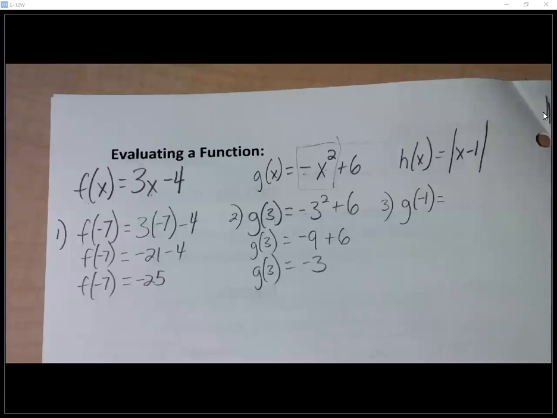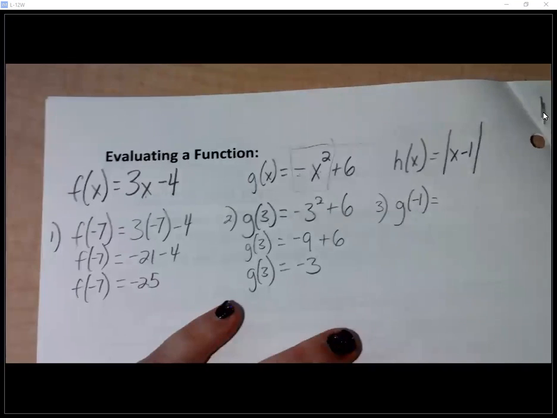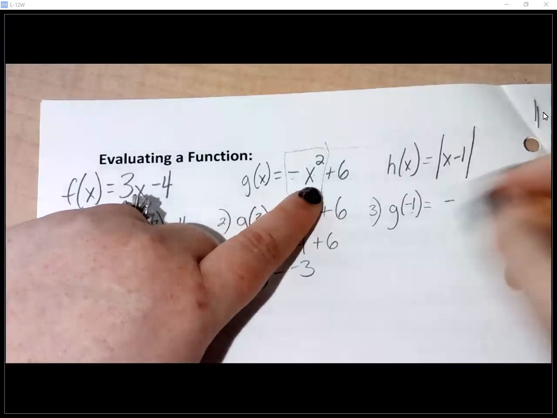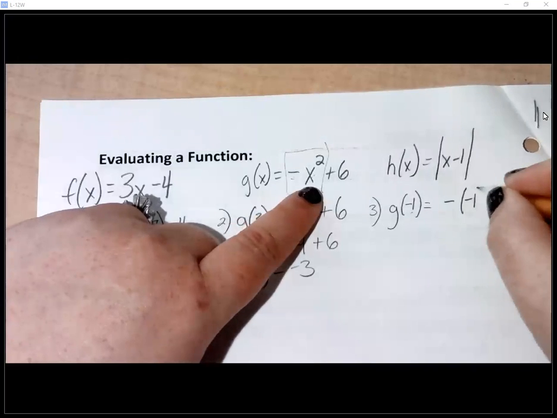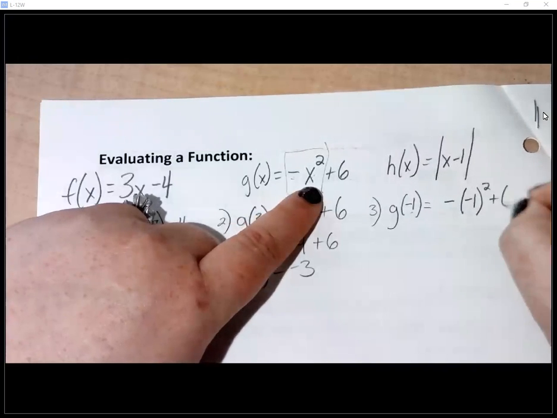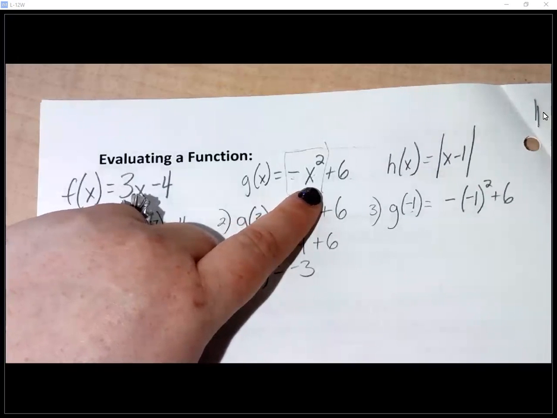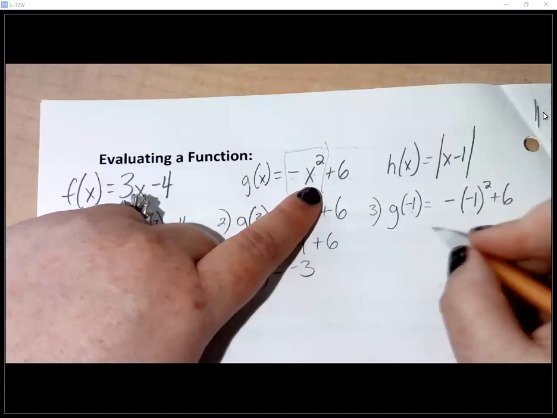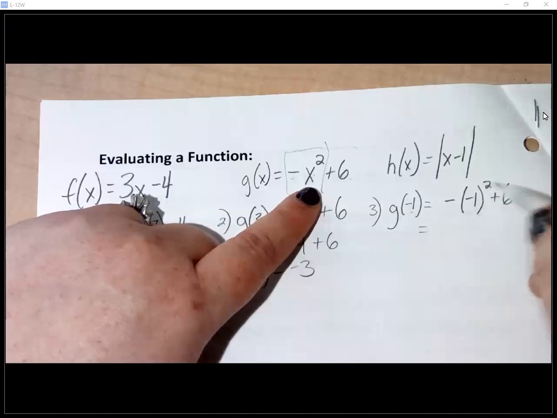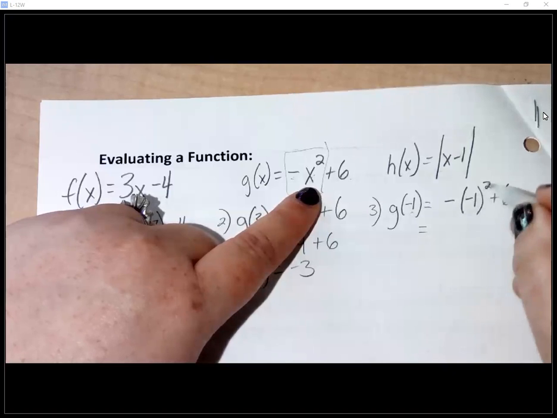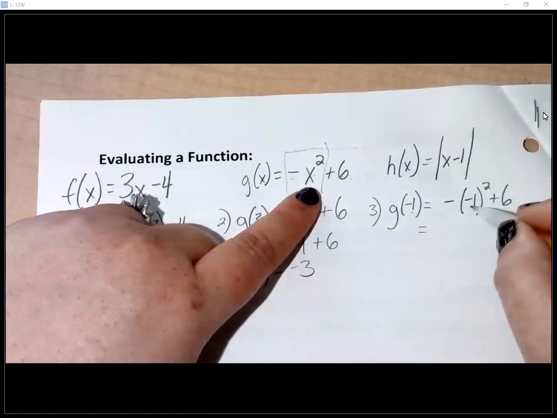So let's take a look. Now I need to replace the x with negative 1. That's how you should have written it. Now it's up to us to evaluate it correctly. When it's written this way, I'm always doing order of operations, right? Parentheses, there's nothing to do inside the parentheses, but exponents come next. So you're doing the number negative 1 squared. Negative 1 times negative 1 is positive 1.